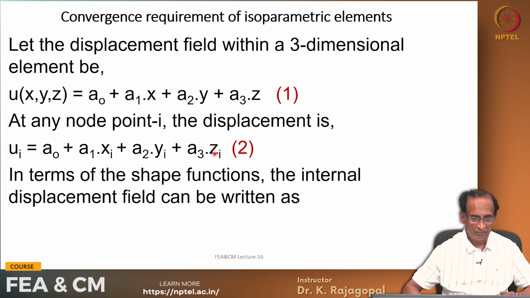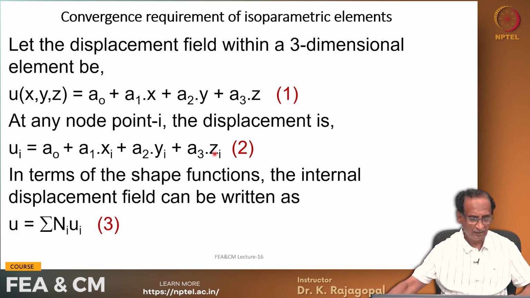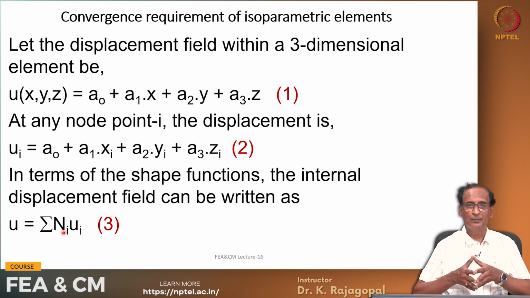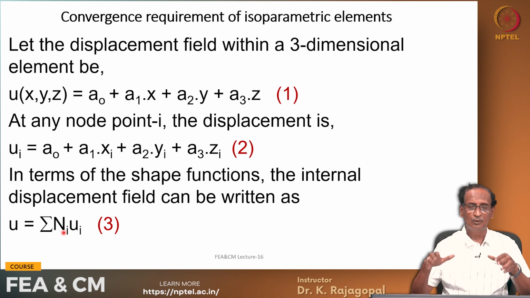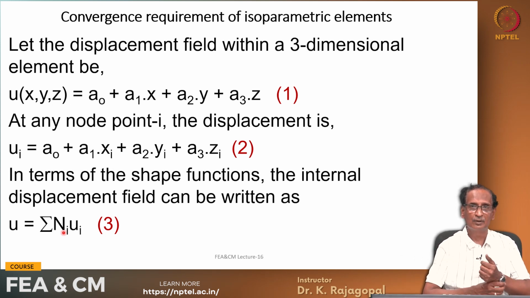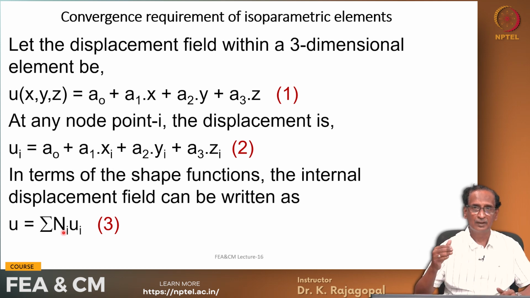Also, in terms of the shape functions, the internal displacement field can be written as u is sigma of Ni ui, where Ni are the shape functions at different nodes and ui are the displacements at the different nodes. So, if you have 3 nodes in the element, we have N1, N2 and N3, and u1, u2, u3.